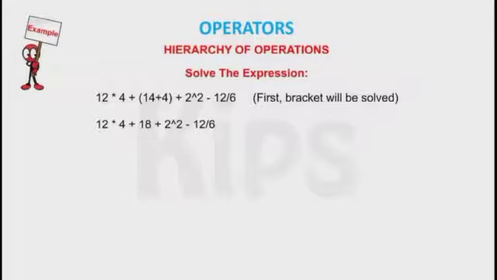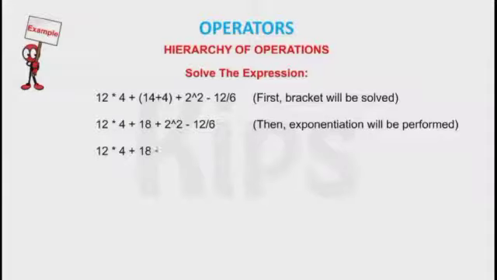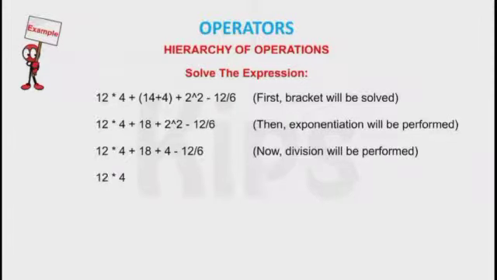Then exponentiation will be performed. 12 multiply 4 plus 18 plus 4 minus 12 divide 6. Now division will be performed. 12 multiply 4 plus 18 plus 4 minus 2. Then multiplication will be performed.